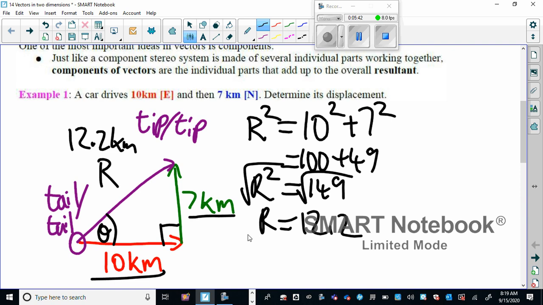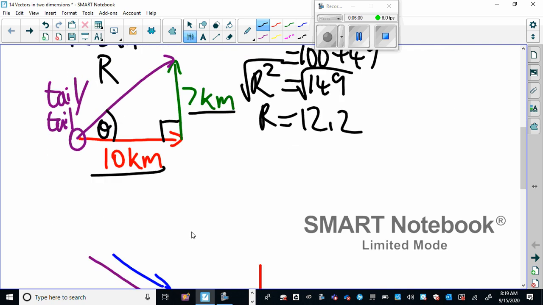You can see, I could use any trigonometric ratio to solve for theta. I'm going to use tangent. The reason I'm going to use tangent is because 7 and 10 were given to me. In regards to angle theta, 7 is the opposite, 10 is the adjacent. So to solve for the angle, I'm going to go tangent theta equals the opposite over the adjacent.